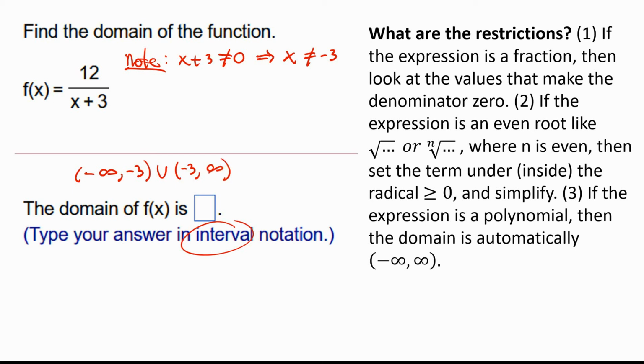Are you with me? All we've done simply was to say that our domain is all real numbers except negative 3. That's what that means. The domain: all real numbers except negative 3. That's how we write it out with respect to interval notation.